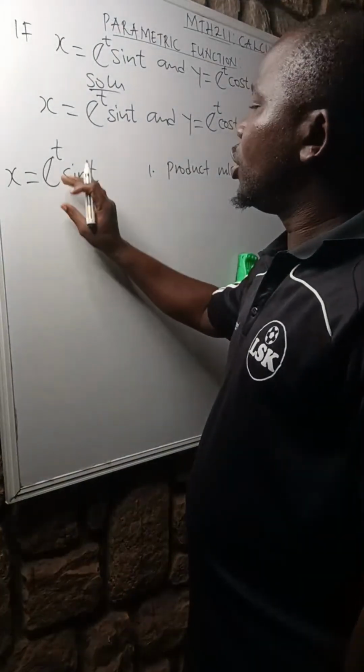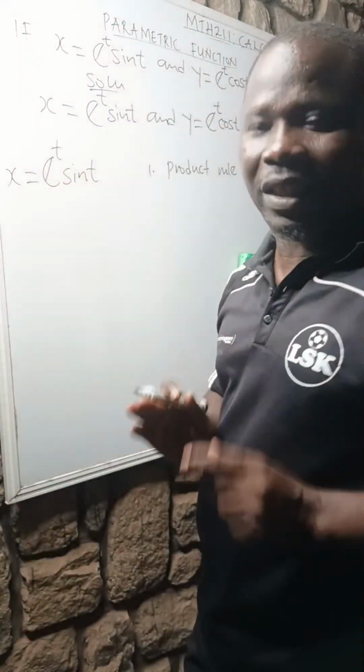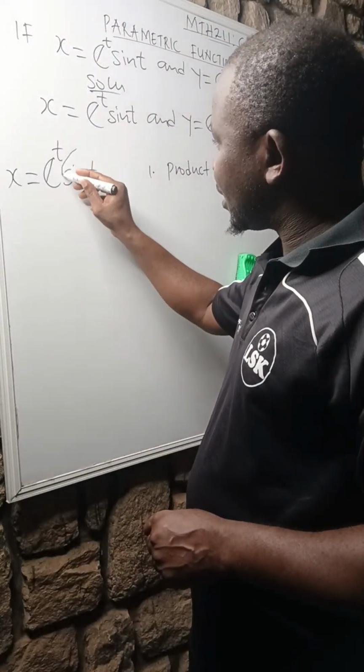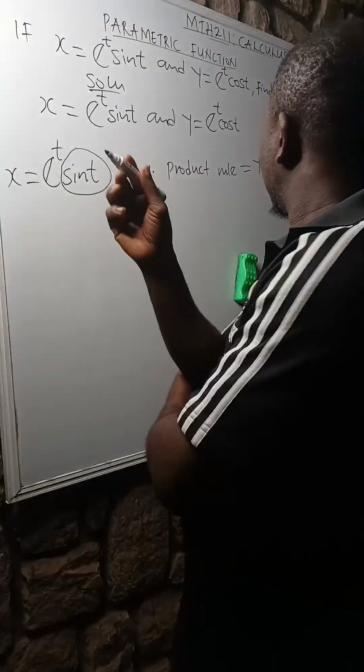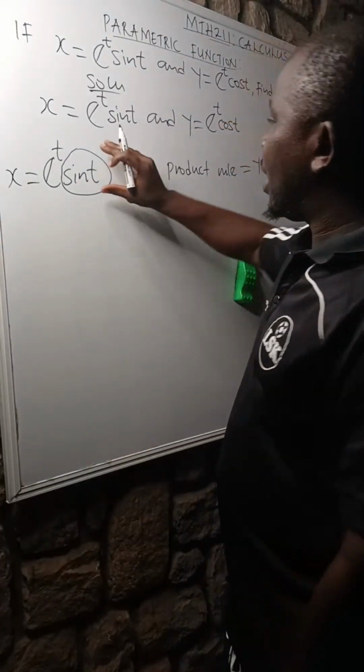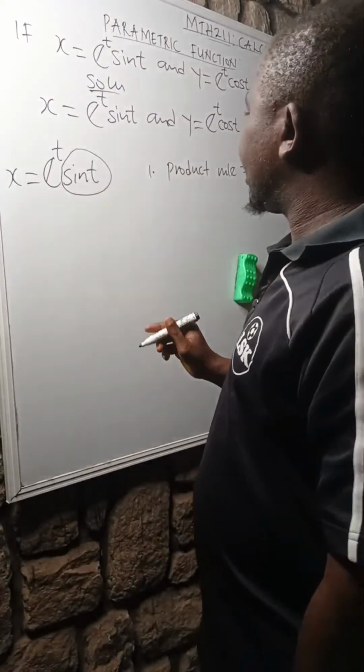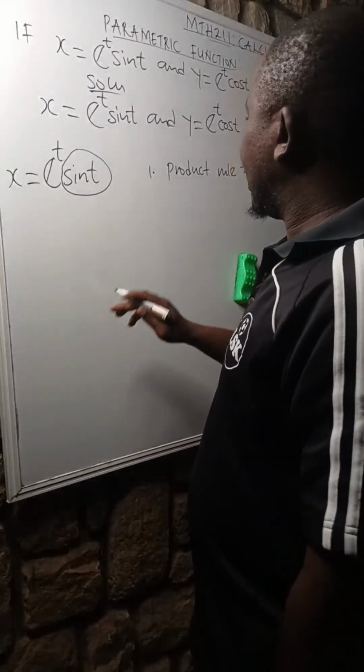So which one do you want us to hold as constant? Okay, let us hold this one constant, so that without using the product rule, you will see the product rule, right?